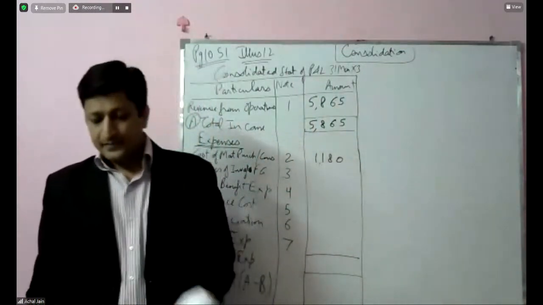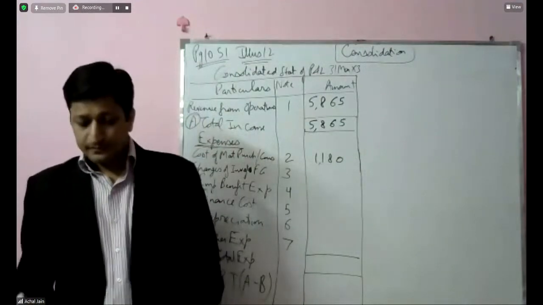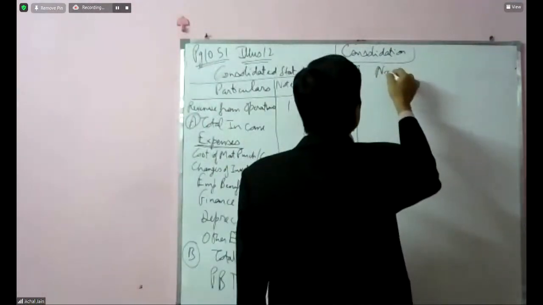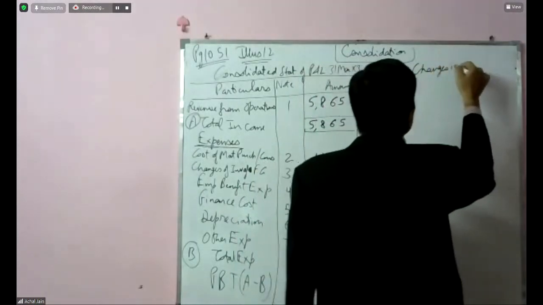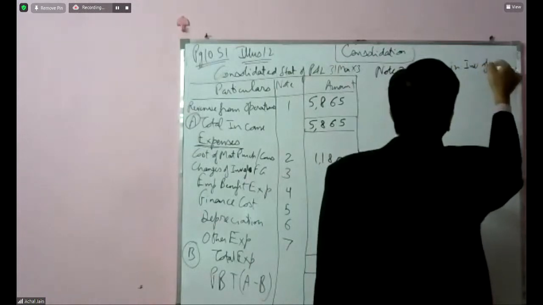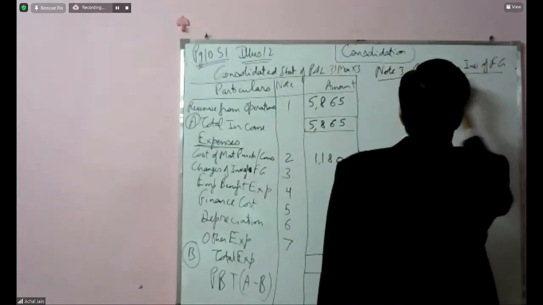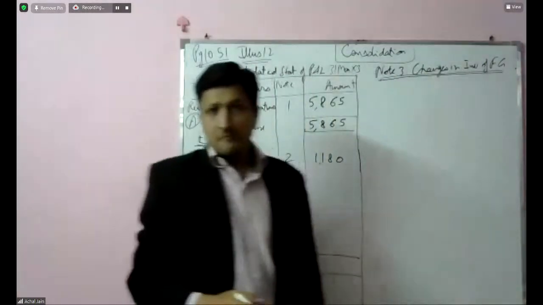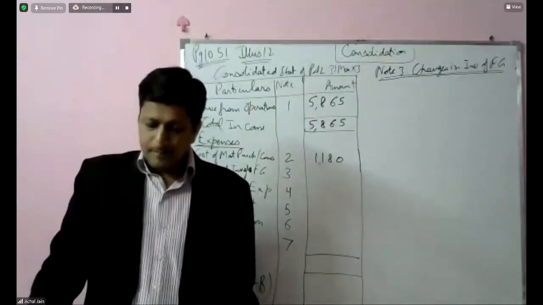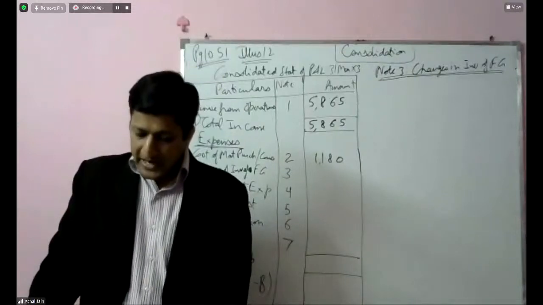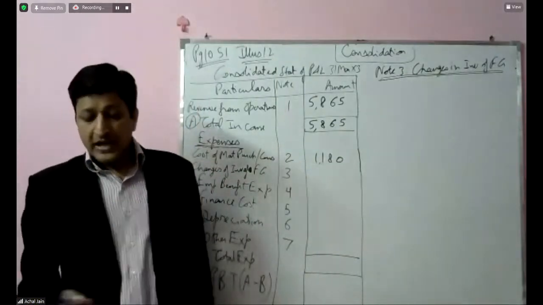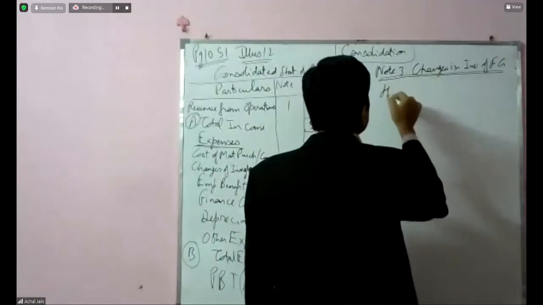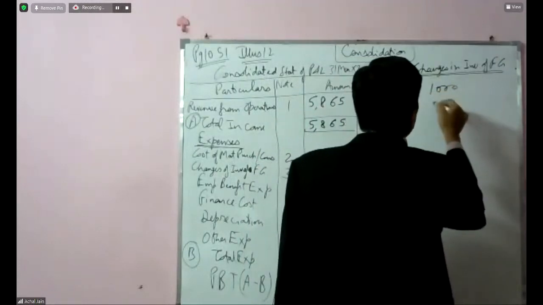Note number 3, change in stock. Changes in inventory of finished goods. So for these two companies, for H and S, we have this information available in the question. For H and S, it is 1,000 and 200.